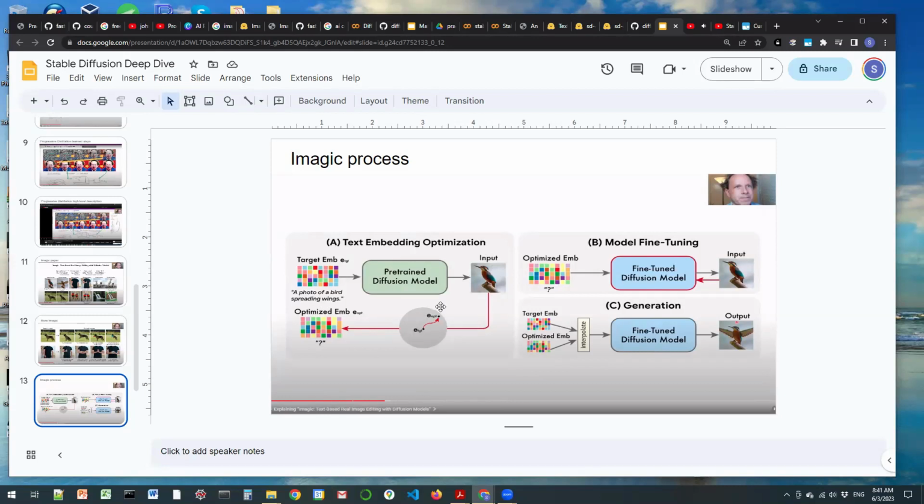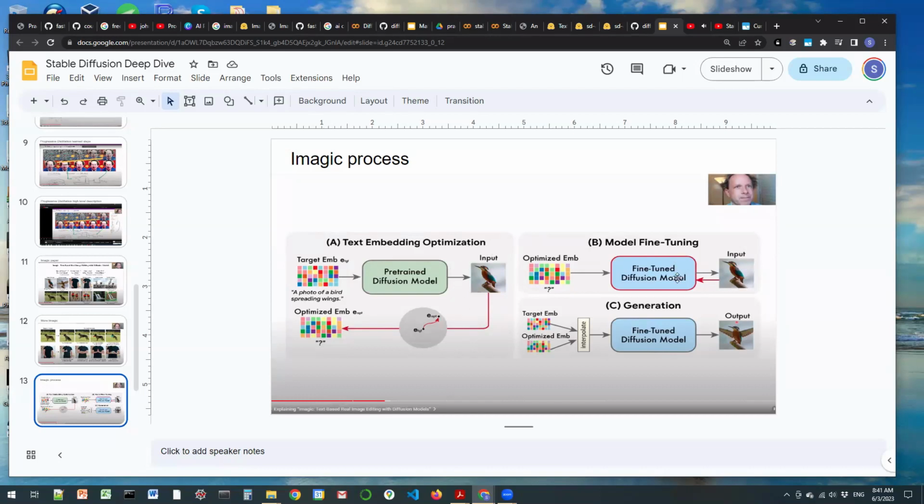So conceptually, the shift is from all the images that exist in the world of a bird that could be spreading its wings. I'm talking conceptually, you'll have to go through the details of the Imagic paper to understand it, but they're shifting it to correspond to something related to this bird.